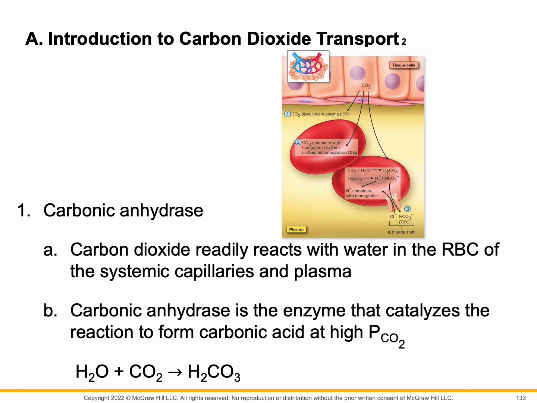Note that carbon dioxide readily reacts with water in the red blood cell of the systemic capillaries in the plasma. Carbonic anhydrase is the enzyme that catalyzes the reaction to form carbonic acid at high carbon dioxide pressures. So in this case, water plus carbon dioxide will react to form carbonic acid.